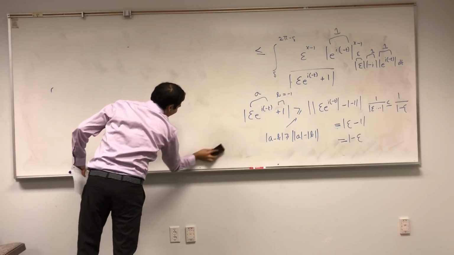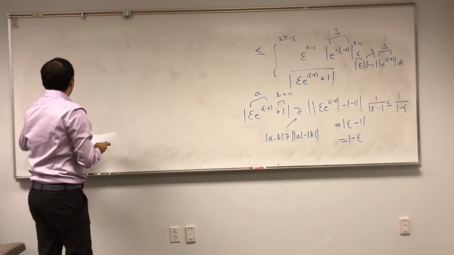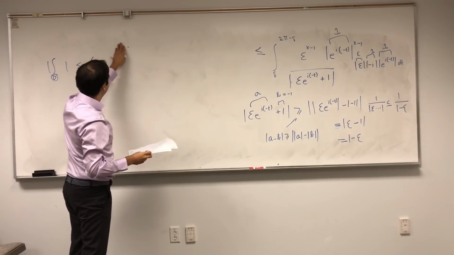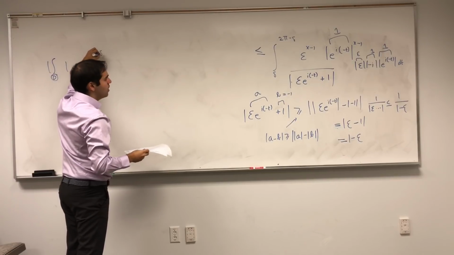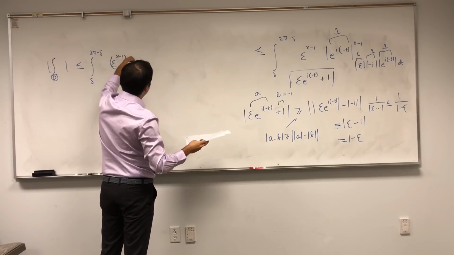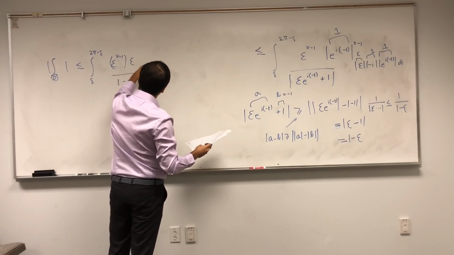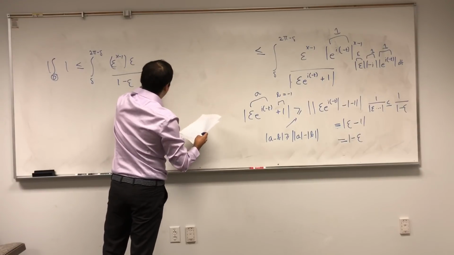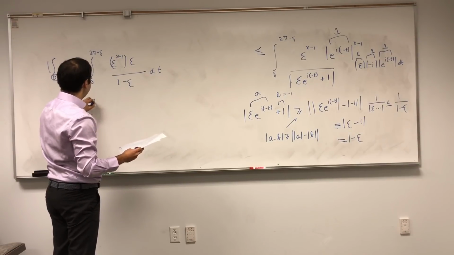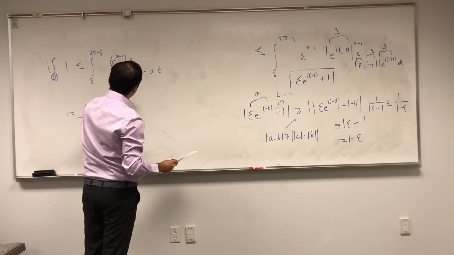So now the integral over d in absolute value is less than or equal to the integral from delta to 2 pi minus delta of, okay, so we have epsilon to the x minus 1, there's this extra factor of epsilon, and it's less than or equal to 1 over 1 minus epsilon, dt, and that is, conveniently, epsilon to the x over 1 minus epsilon, times the integral from delta to 2 pi minus delta dt.